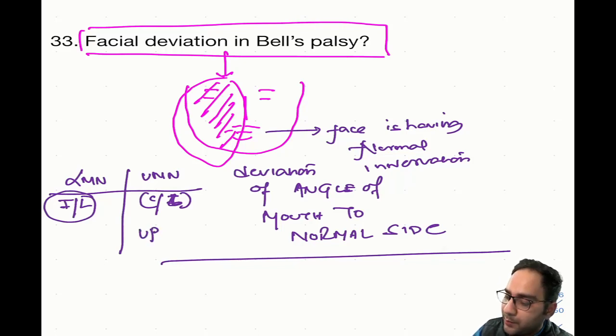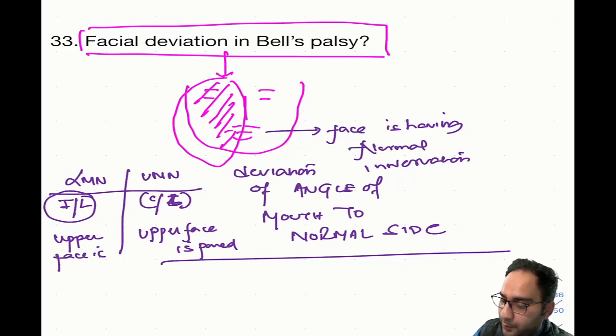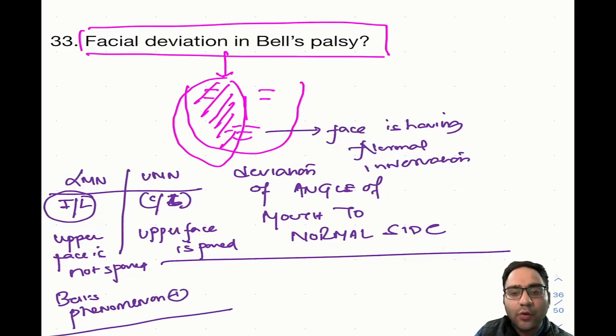In UMN, the upper face is spared. Right? In LMN, the upper face is not spared. That's why you get something known as Bell's phenomenon. Okay. So this is an important piece of information that you need to keep about Bell's palsy.